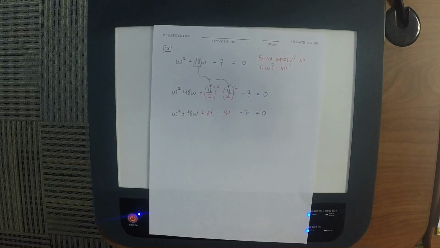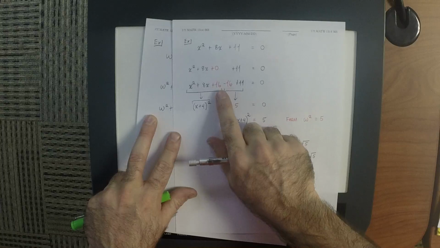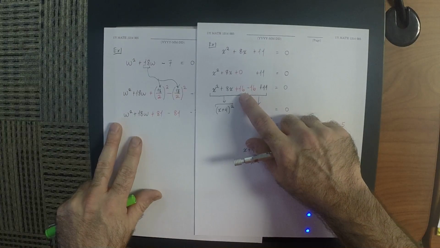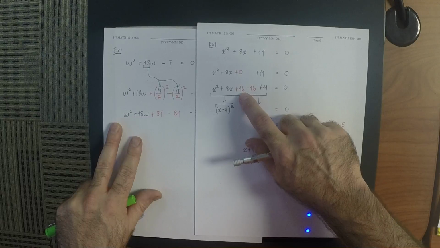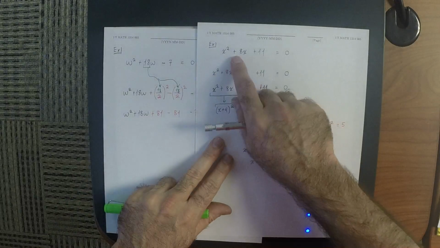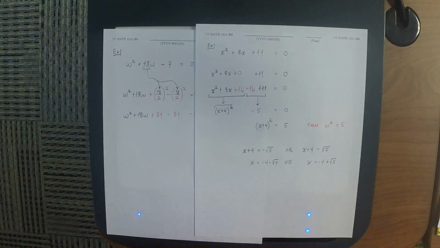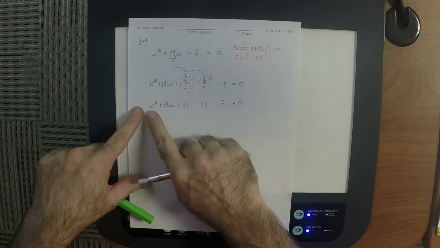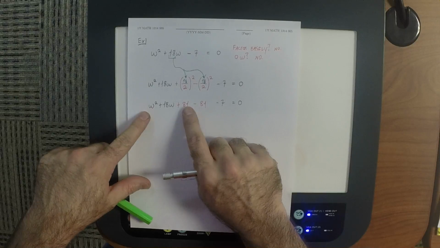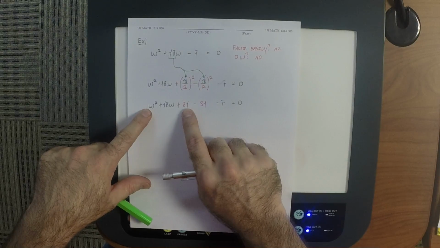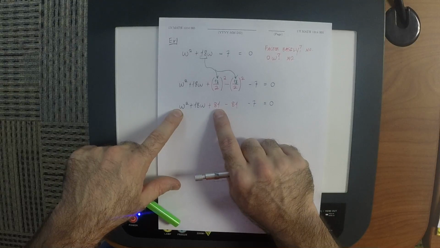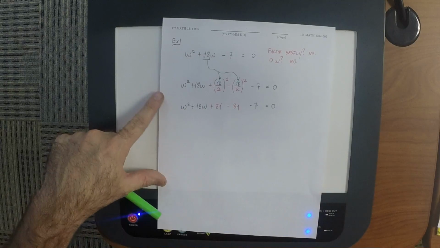And if you refer back to the previous page for just a moment, you can see that I added 16 and subtracted 16. Why 16? Right, because 4 is half of 8, and then you square it, and that's what you have. Okay, now, these first 3 terms, how do they factor? W plus 9, all squared.